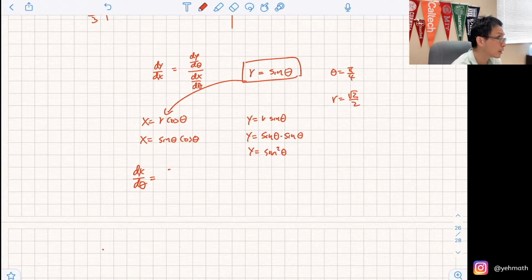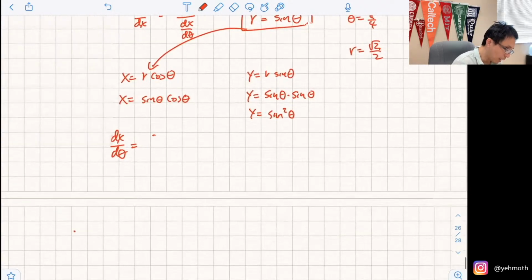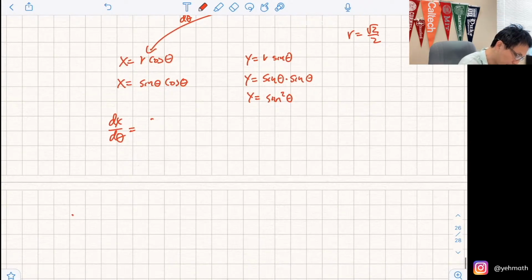You cannot. You are in terms of x right now. You haven't gotten to dx d theta yet. So you want to get dx d theta and dy d theta. So I'm going to take a derivative of this. What happens if I take a derivative of sine theta cosine theta? Negative sine squared theta plus cosine squared theta.